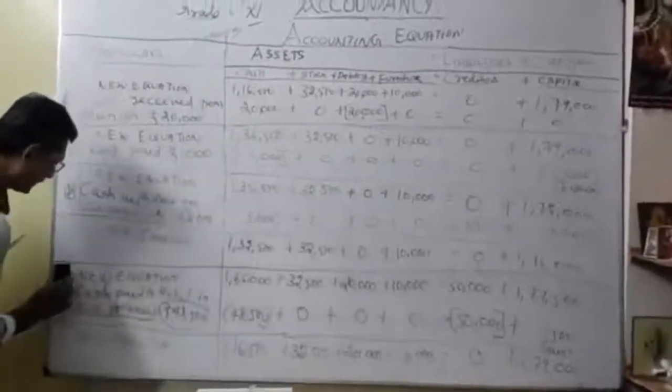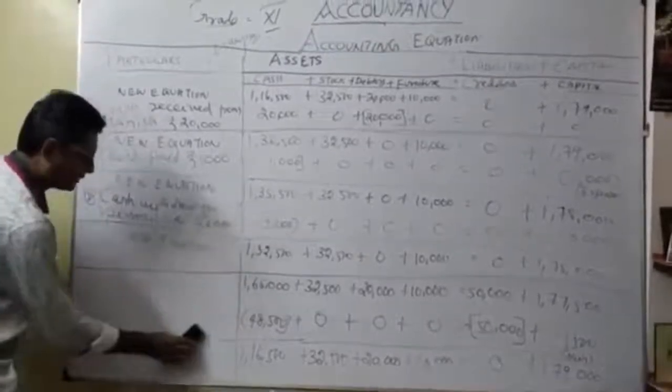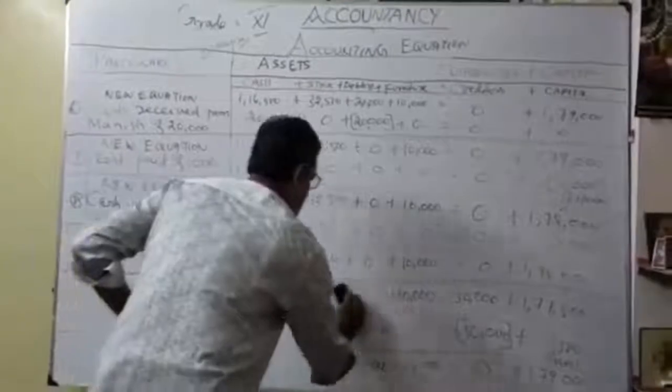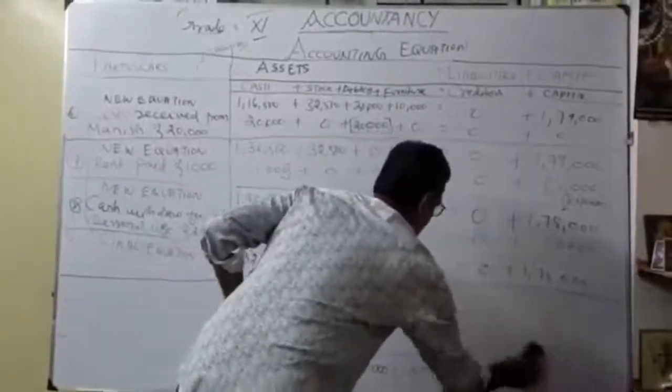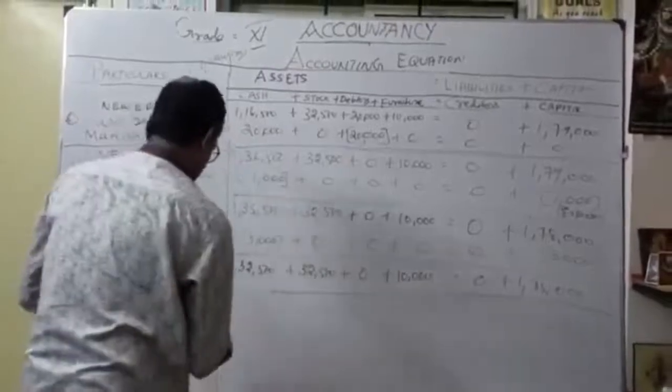Now understood? I will clear this. So what is the final equation? For up to the 8 transactions, one by one, our final equation is what? See here.